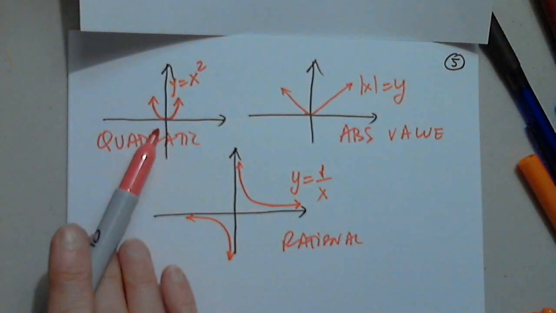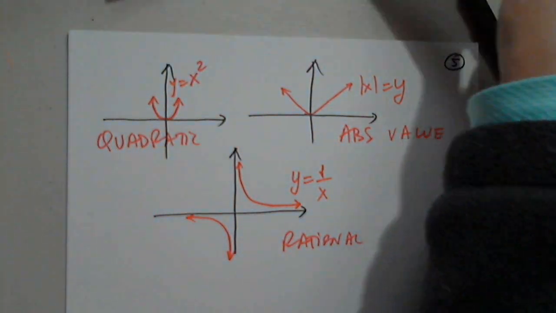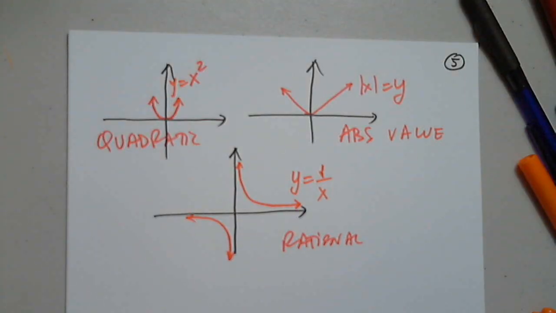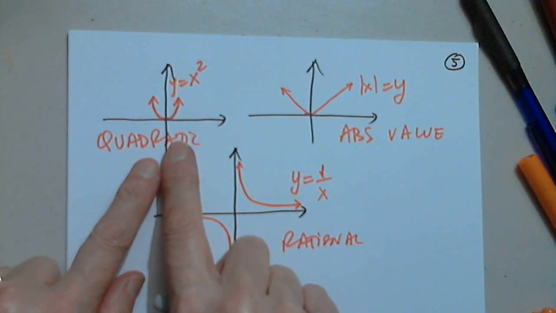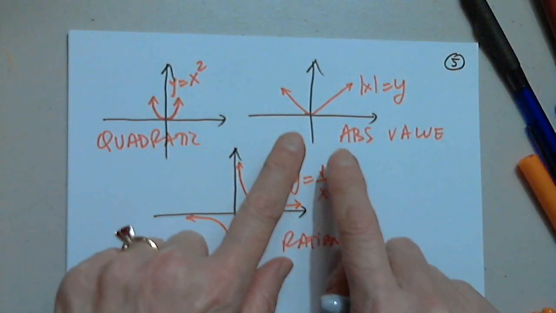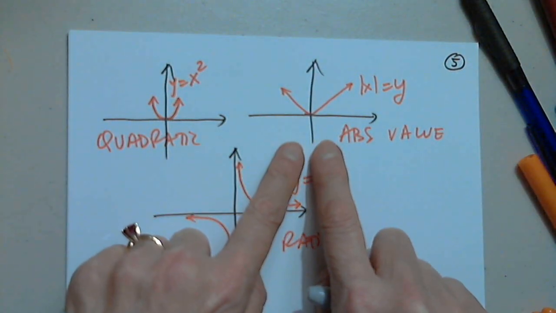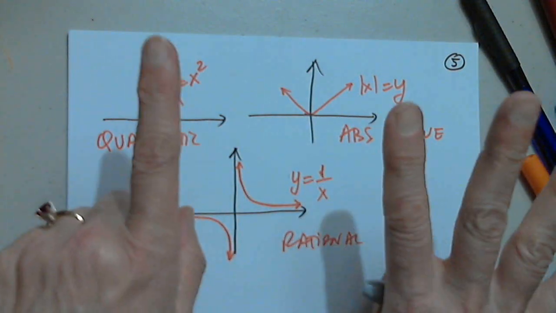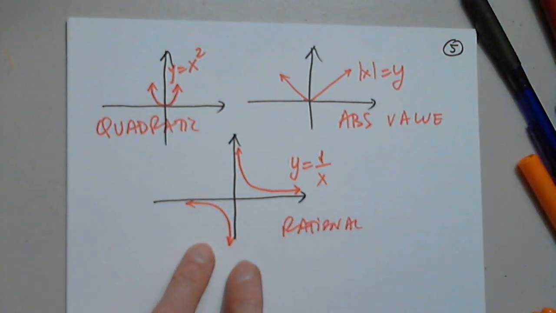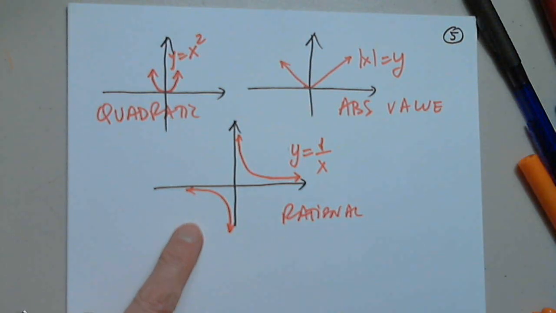So can anyone tell us the domain of this one? Negative infinity to infinity. Excellent. Can anyone give us the domain of this one? Negative infinity to infinity. Excellent. But this one is not friendly. What will be the domain of this one?